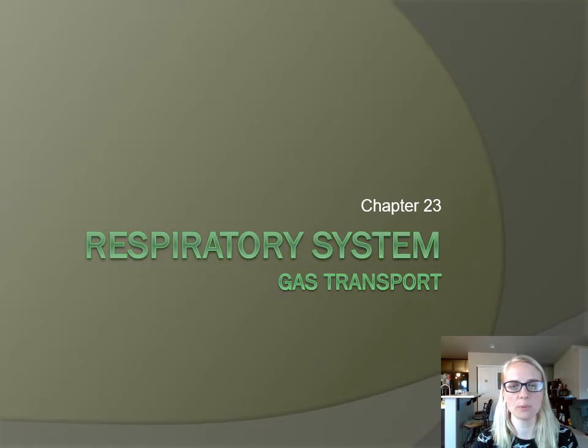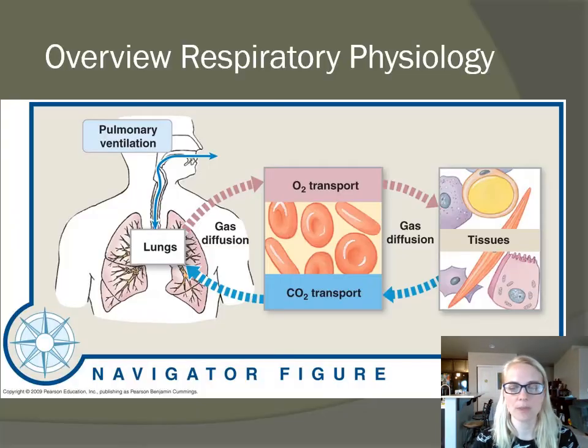So now what we're going to talk about is, once that gas is in the blood, how is it transferred from capillary bed to capillary bed, whether it's the CO2 being picked up at the peripheral tissues and heading to the lung capillary beds, or the oxygen being picked up at the lung capillary beds and dropped off at the peripheral tissue capillary beds. So what does it do in between that pickup and drop off? That's what this mini lesson will cover.